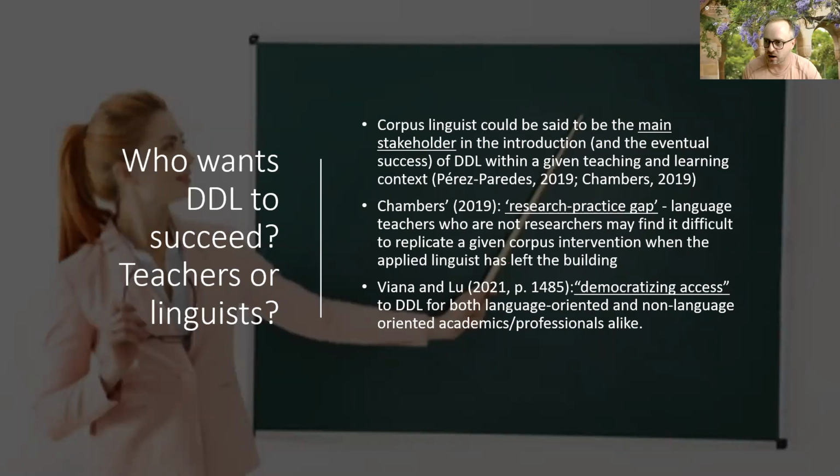Essentially, we need to expand the target audience for DDL beyond tertiary language learners and their academics to include a more diverse audience, investigating DDL for professional practice, private tutoring, language schools, business, and more, as and when the actual need arises.